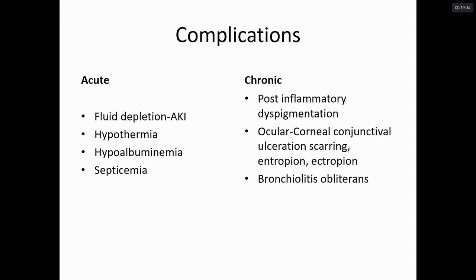These are all acute complications. In the chronic complications, there can be post-inflammatory depigmentation. In the ocular complications, there can be corneal ulcerations, scarring, ectropion, and in case of pulmonary complications, there can be bronchiolitis obliterans.